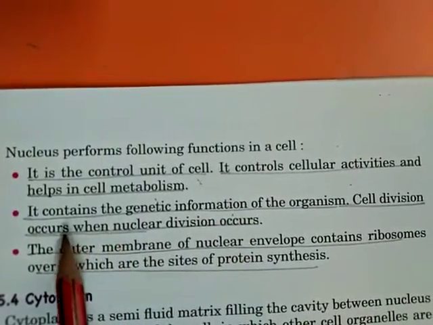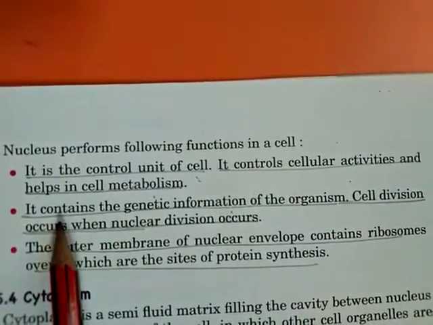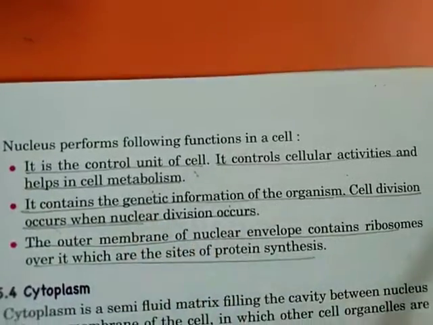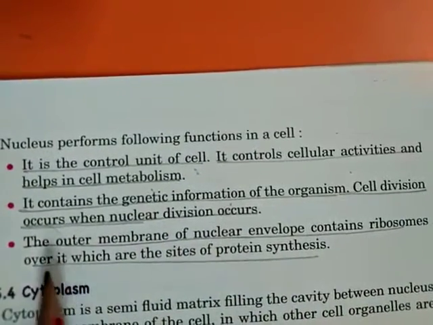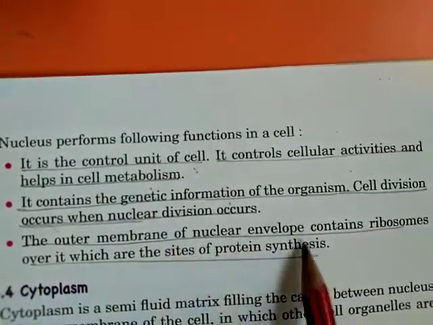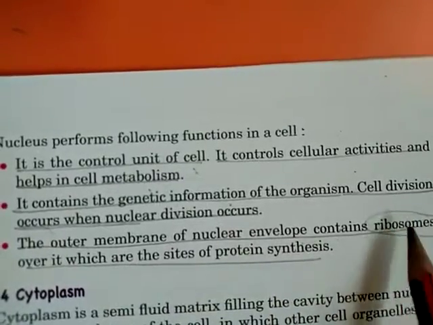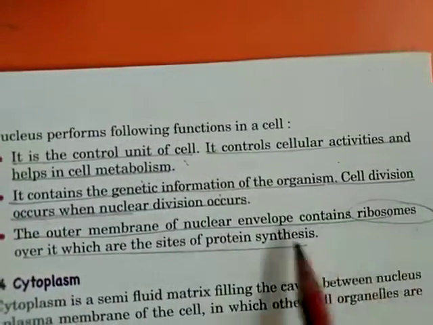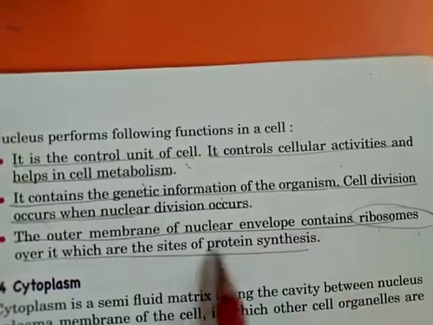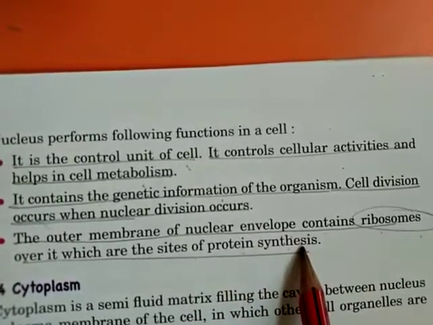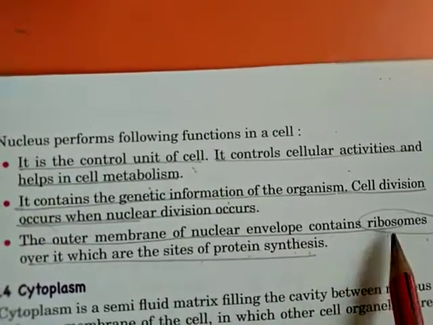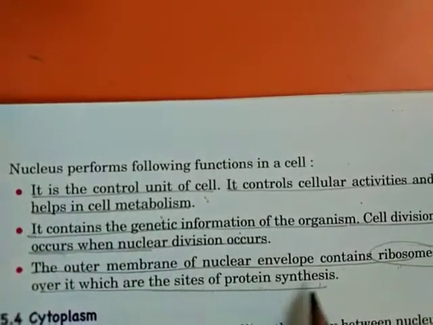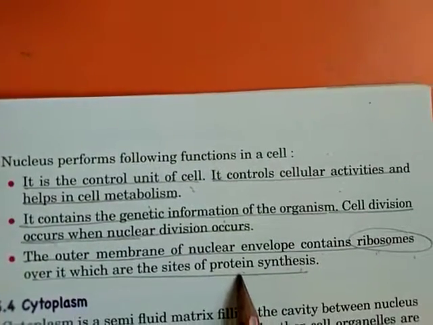This I have already told you, means it carries the hereditary information. Then the outer membrane of the nuclear envelope contains ribosomes. And you all know these ribosomes are the site of protein synthesis, means they are responsible for the manufacturing of proteins.